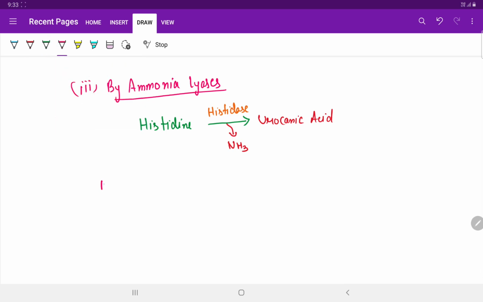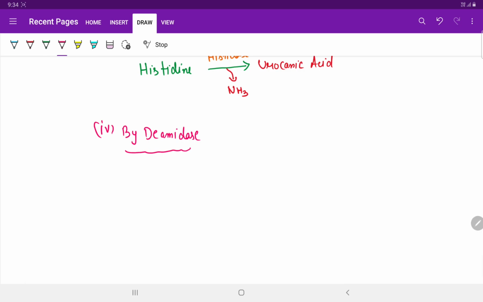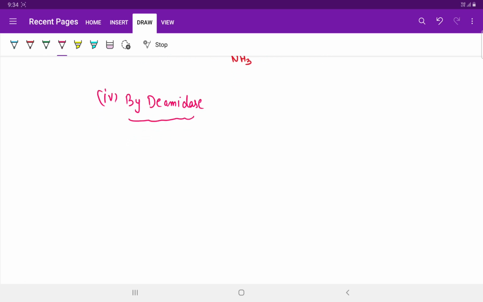Similarly, another reaction is there by deamidases. In this we can see glutamine is converted to corresponding glutamic acid and asparagine is converted to aspartic acid by asparaginase enzyme. We shall be covering the two examples.